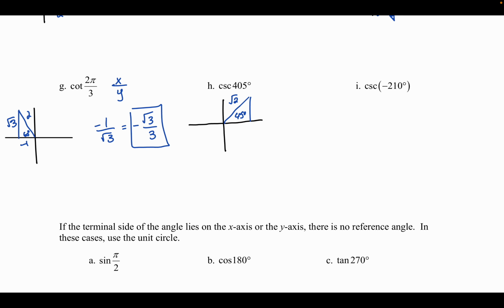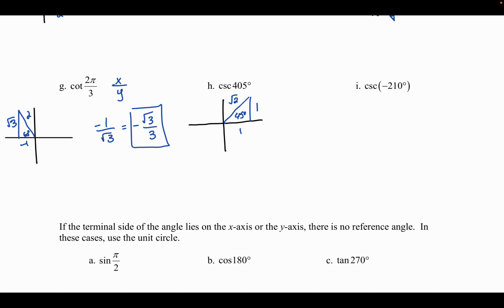So this will be square root of 2, 1, and 1. So cosecant is hypotenuse over y, or I should say r over y. So it's going to be square root of 2 over 1. It's just square root of 2.